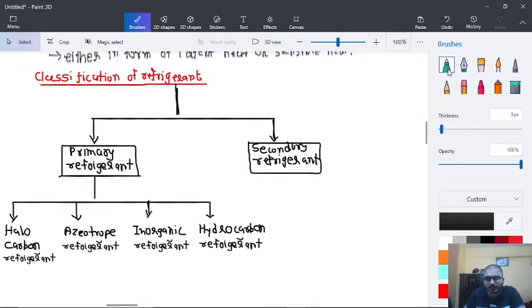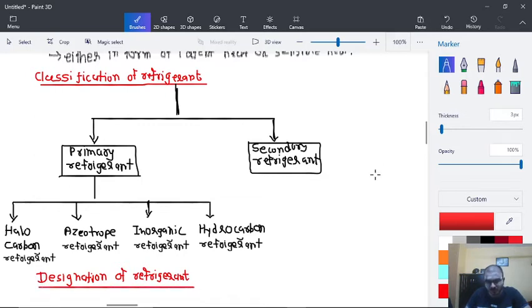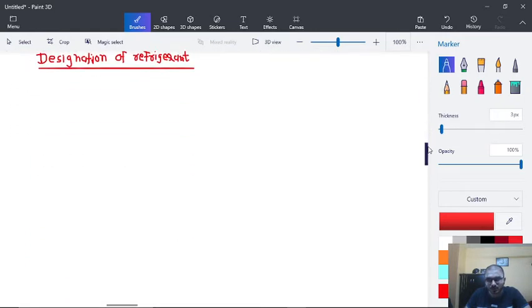Now we will move forward with a more important topic, that is designation of refrigerant or nomenclature of refrigerant. Now let's focus on this part.